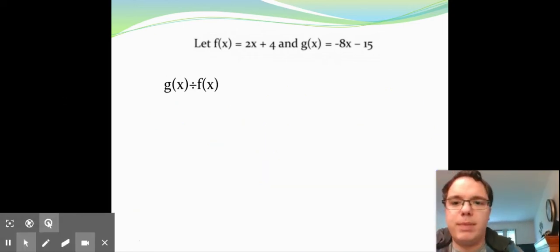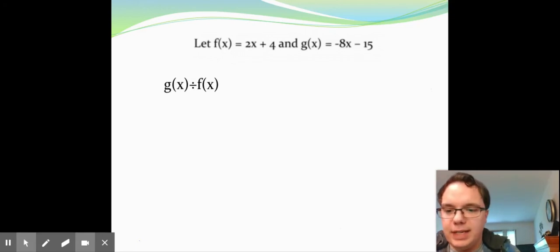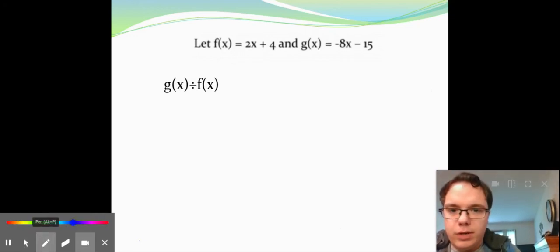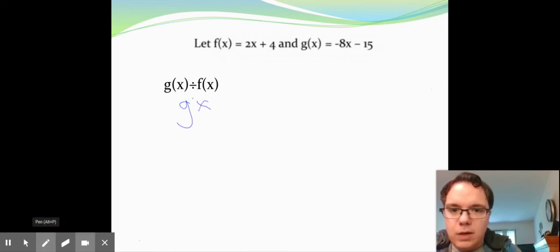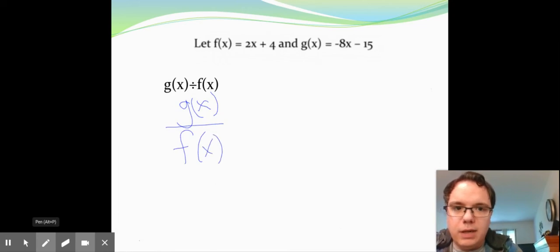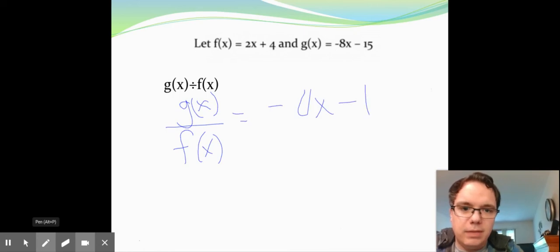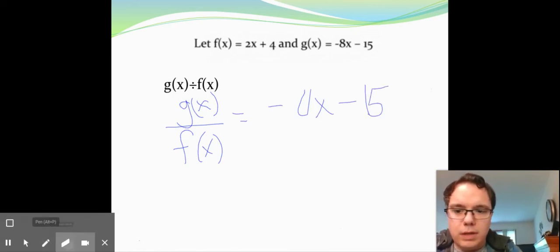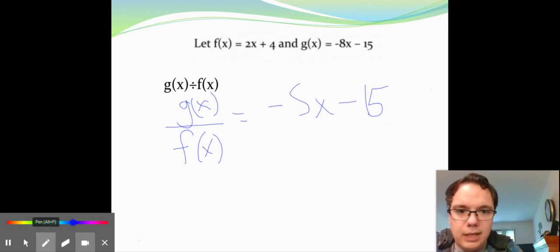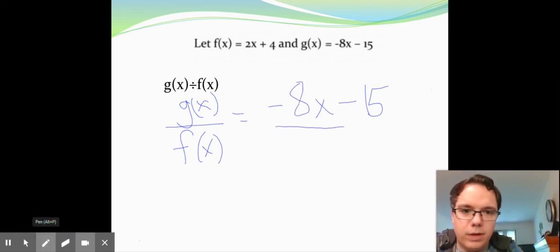All right, one more example, and that's another example of dividing. And so how you're going to probably see it on your homework then is g of x over f of x. And if we do that here, we'll have negative 8x minus 15 over 2x plus 4.